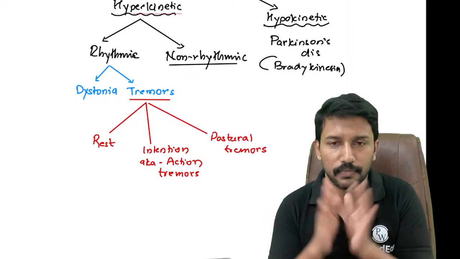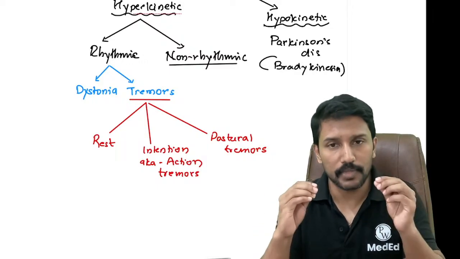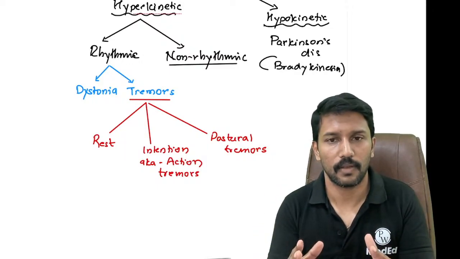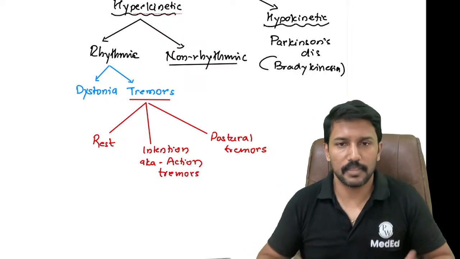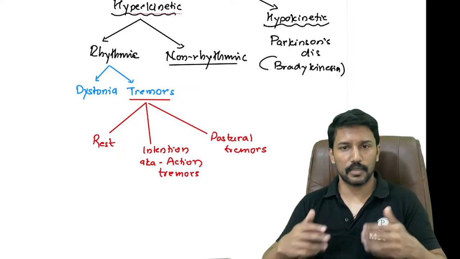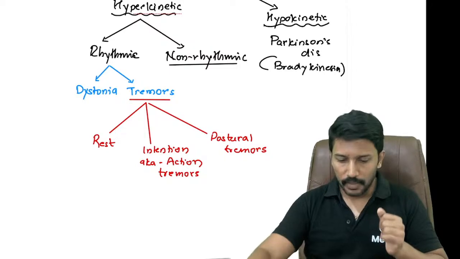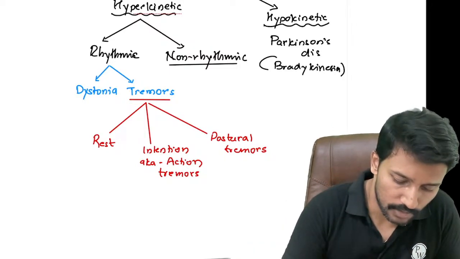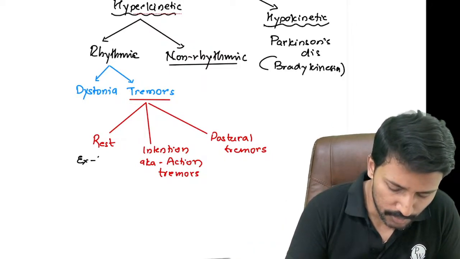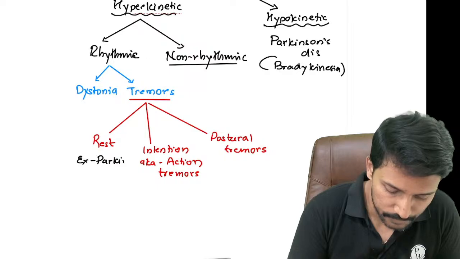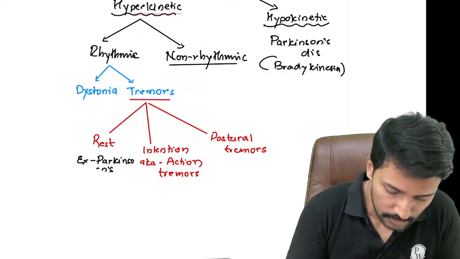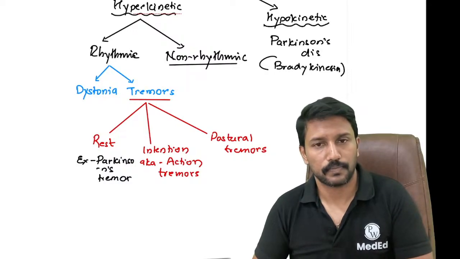Those are the tremors which occur when an affected limb is at rest. Means I'm sitting here, my hands are continuously doing the same movement. That is a rest tremor. A classical example for rest tremor is the tremor that we see in Parkinson's disease. Parkinson's tremor is a classical example for rest tremor.